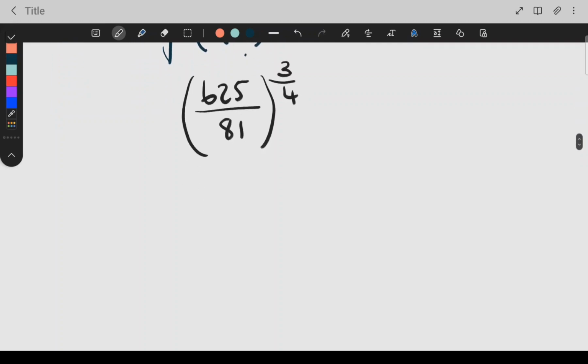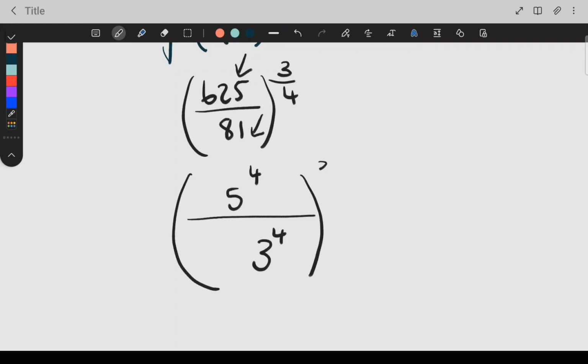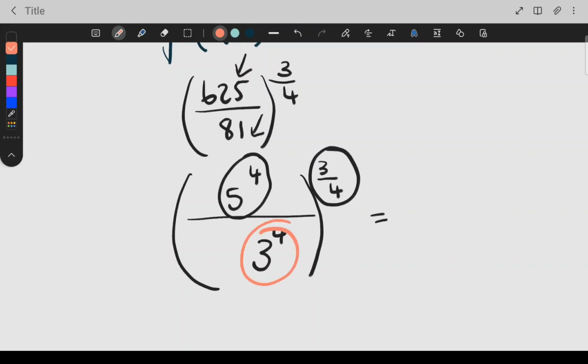Then I want you to rewrite prime base and prime base. So 625 becomes 5 to the 4 and 81 becomes 3 to the 4. And then everything to the 3 over 4. What we do now is we're going to say this to the this, but also this to the this. Look here.